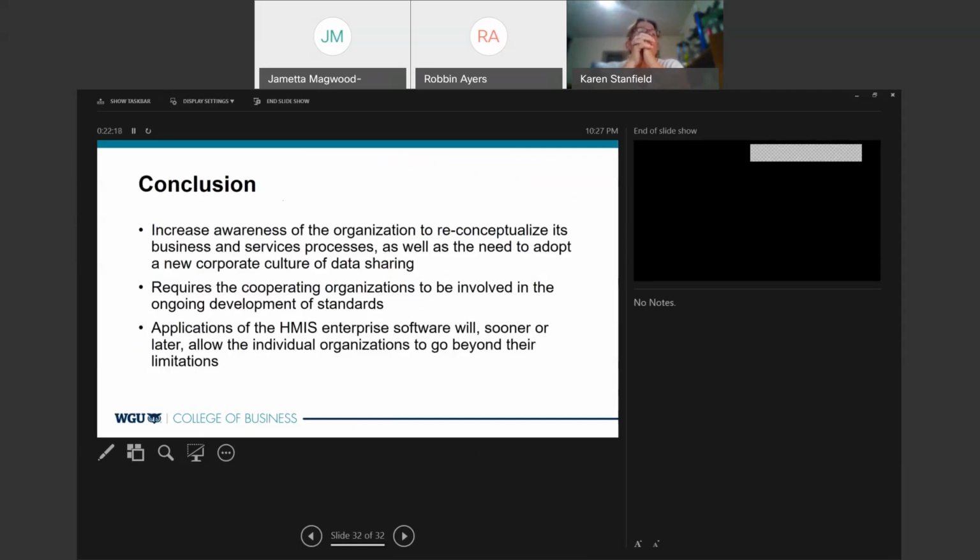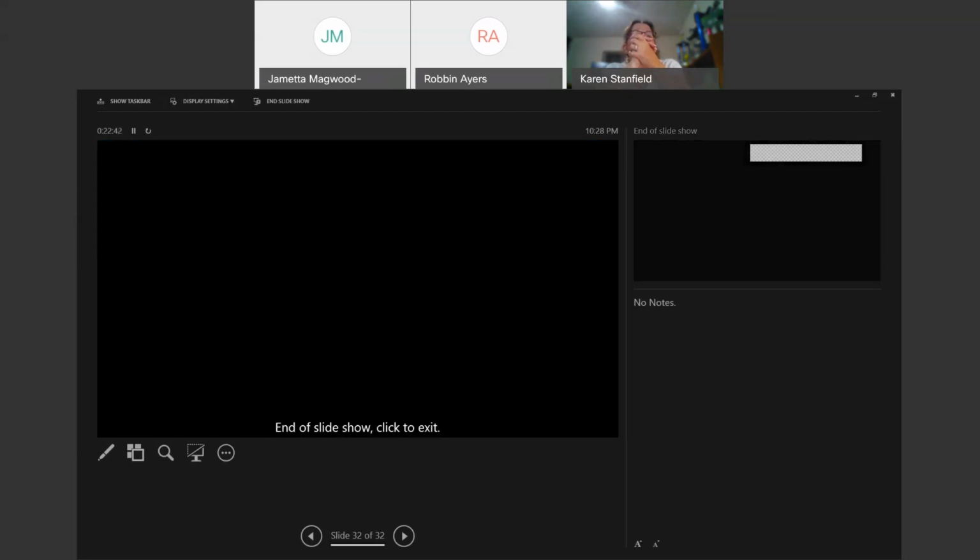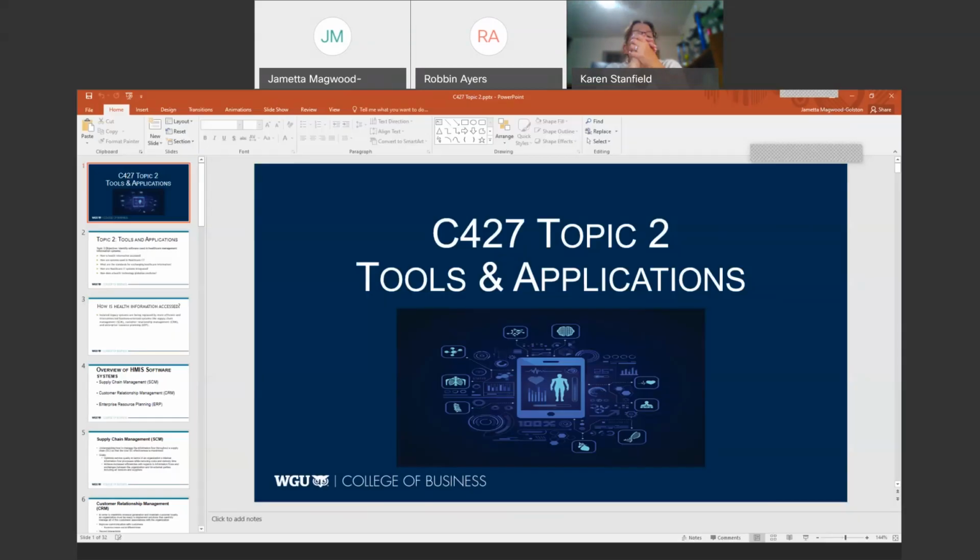These are key in health management information systems, the sharing of data and how that can lead to transformation. Okay. But it also requires the continuing development of standards and process improvement. All right. Any questions or concerns about anything that we have discussed?